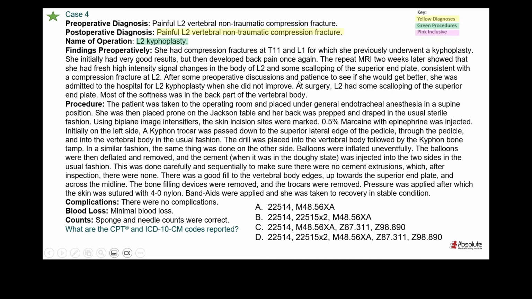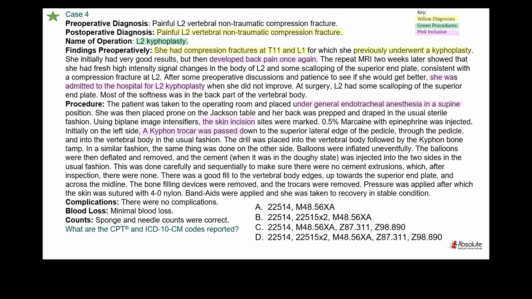Name of the operation: L2 kyphoplasty. The patient had compression fracture at T11 and L1, previously underwent kyphoplasty. She developed back pain once again, and now she's admitted to the hospital for L2 kyphoplasty under general anesthesia in a supine position.